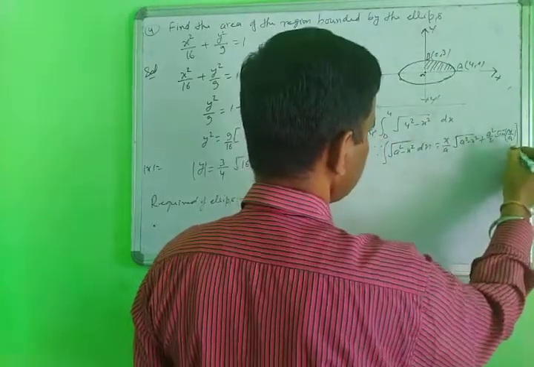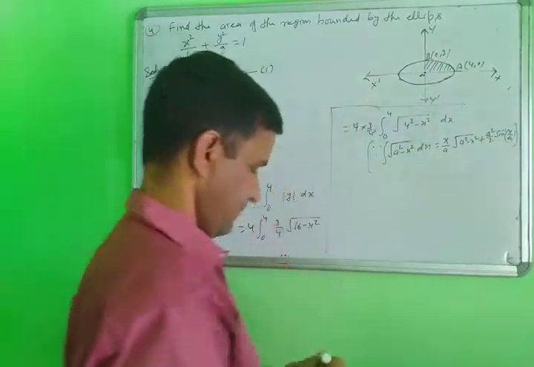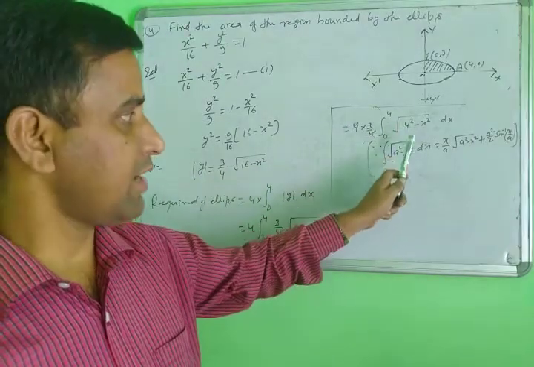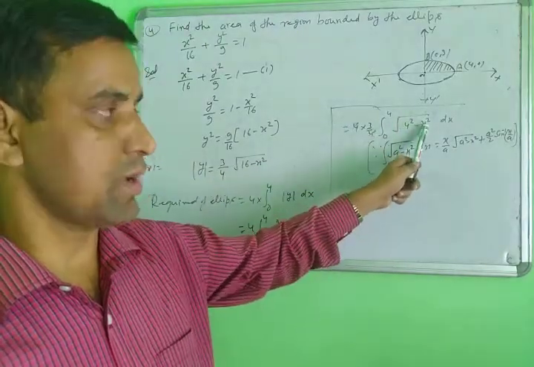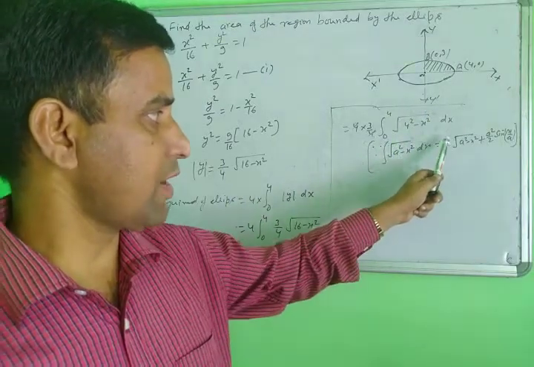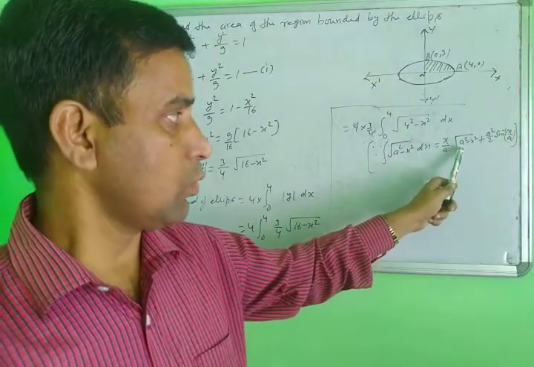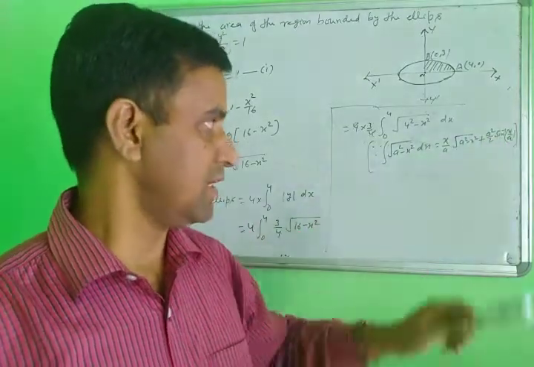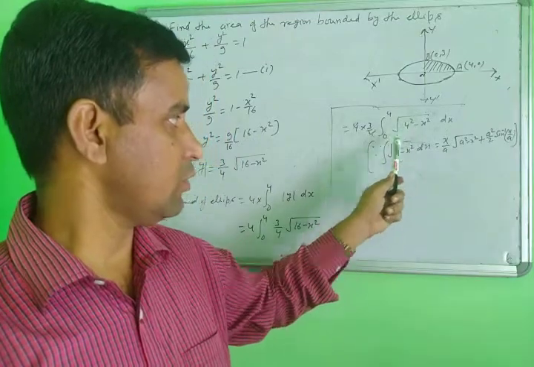You will use this identity here, with a replaced by 4, so a square is 16. Using this identity, calculate this.